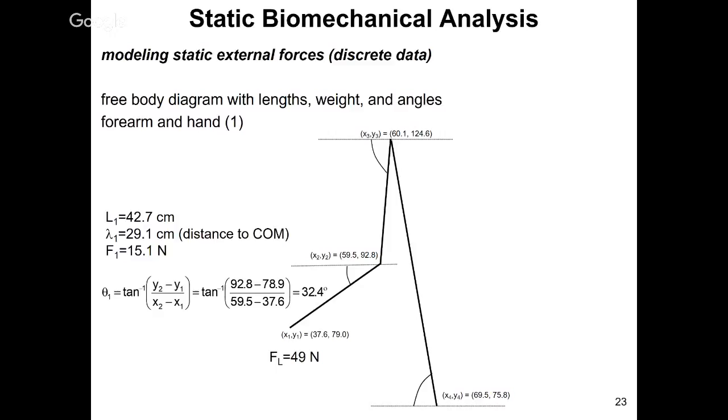And again, for the trigonometry, we're going to imagine lines right here that create a right angle so that we can use our fancy trig functions. Basically what this does for us is it gives us the angle.